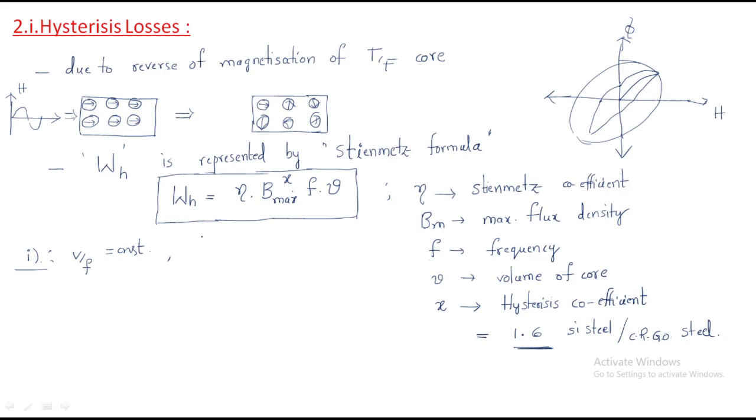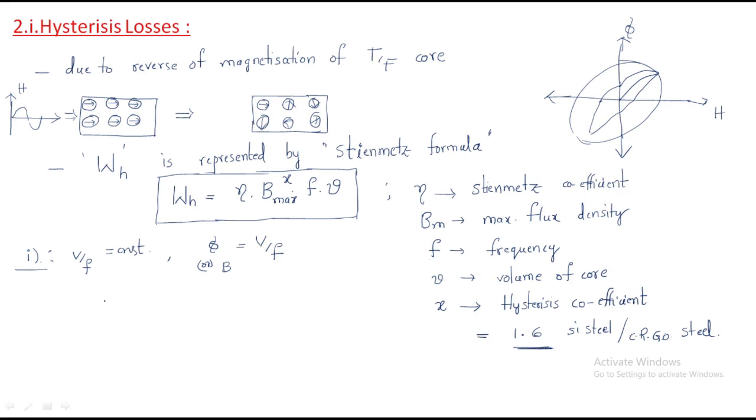Generally, we have a relation, flux is V by F. Flux, or we can name it as flux density into unit area, B. Phi is the flux, B is the flux density, both are the same. Flux in Weber, this is Weber per meter square, unit area, right? So it is constant. Then what happened?